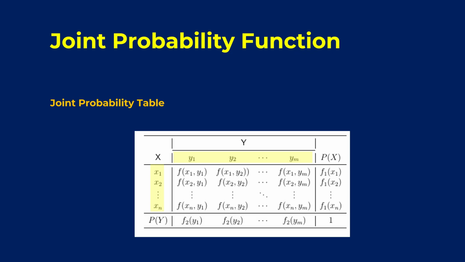In the middle we have the joint probability values, and on the margins we have the marginal probability values. If we sum all the joint probability values, the result should be equal to 1. The same is true if we add the marginal probabilities for either x or y, the answer should be 1. And that is the total probability.